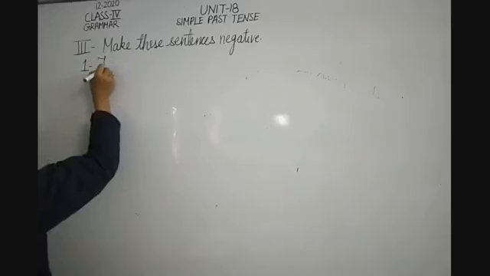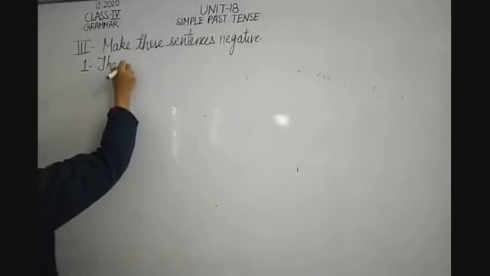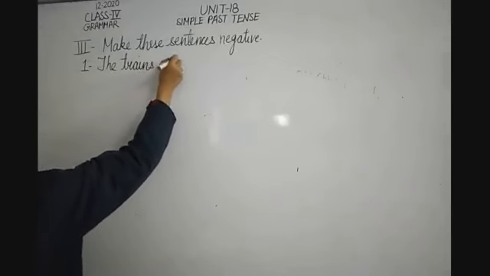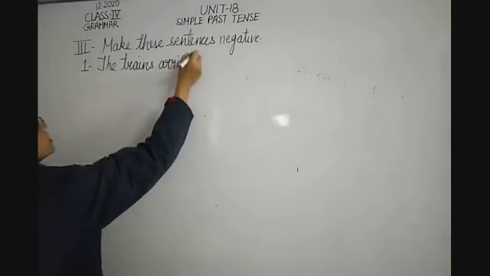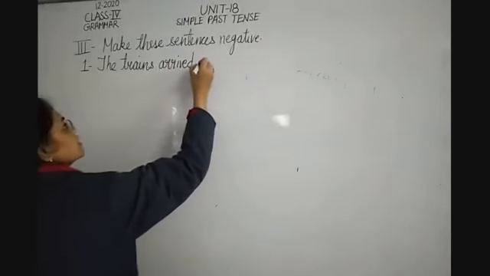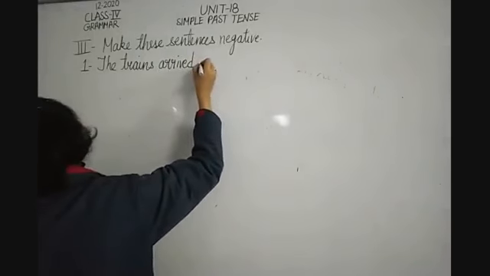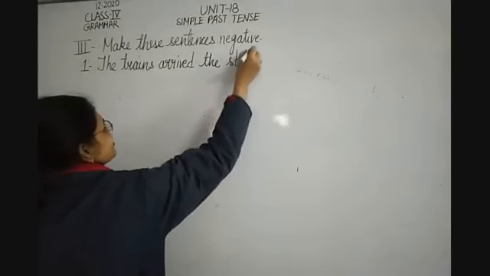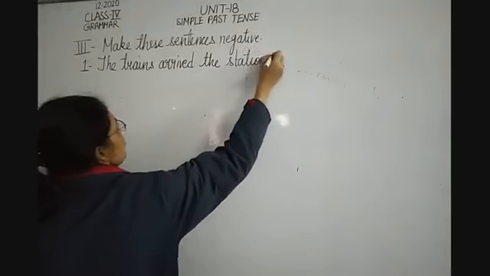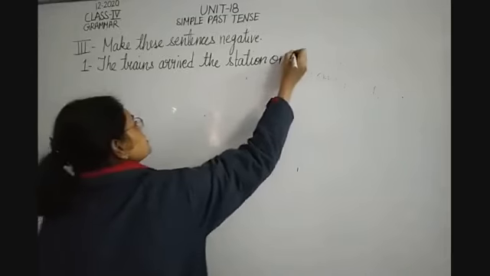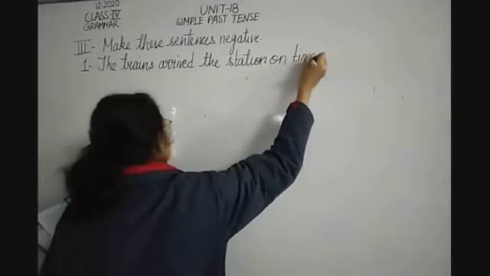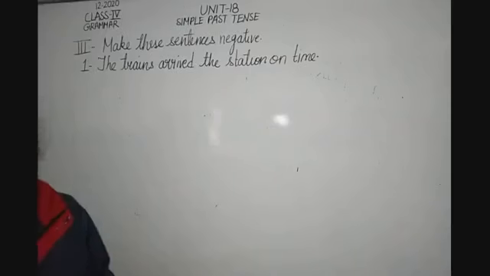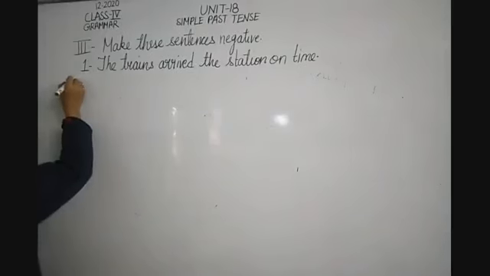So the first sentence is the trains arrived the station on time. ये आपका सेंटेंस है और आपको बेटा इसको किस में चेंज करना है? नेगेटिव में. सो आप क्या करोगे?